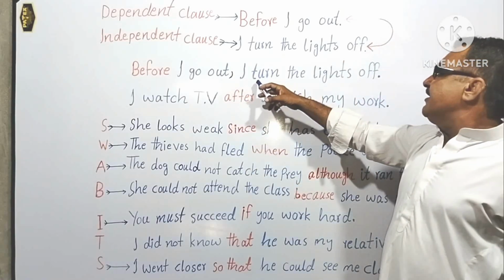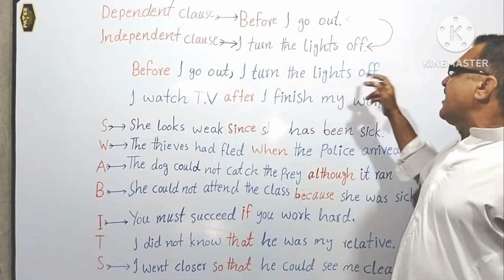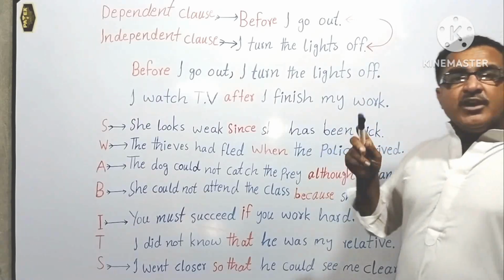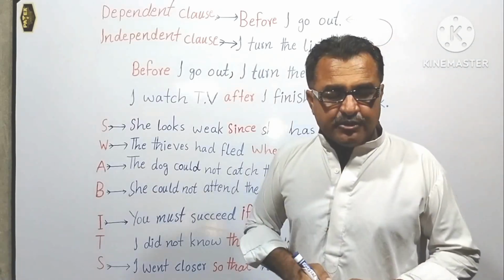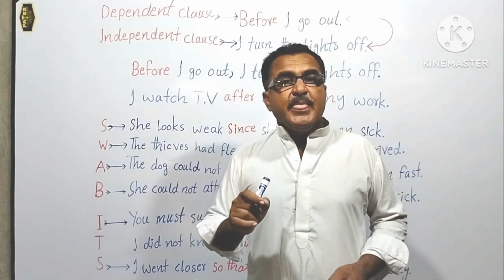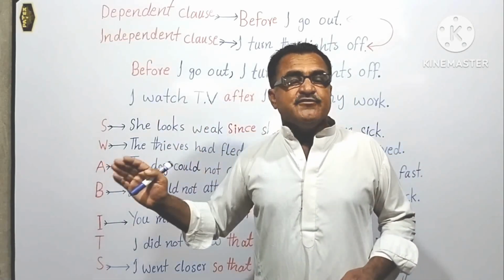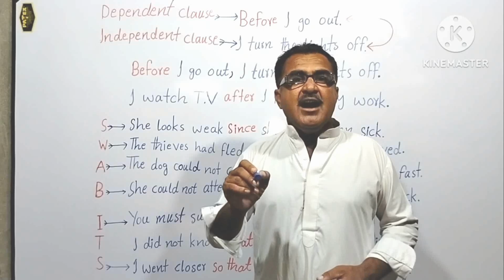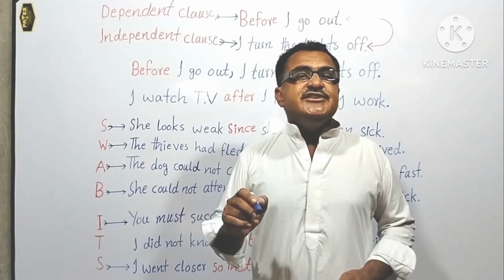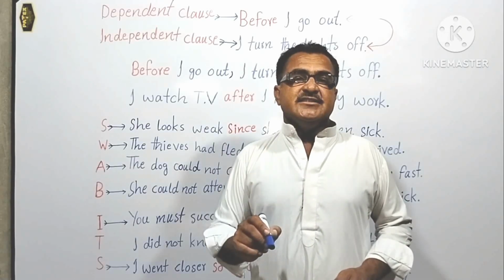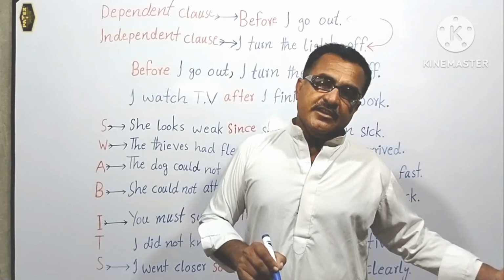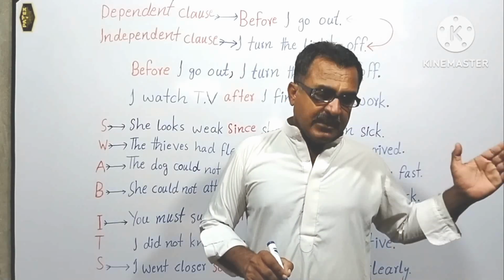Now look at the independent clause, I turn the lights off. So remember this. Once again, whenever the dependent clause comes first, you have to put a comma after the subordinating clause before starting the independent clause.